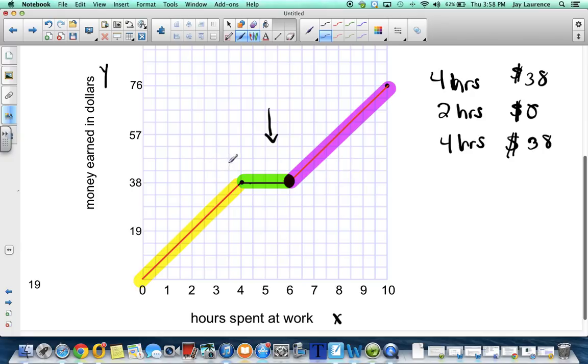Okay? So, let's see how much money they're making per hour in each section. All right, this yellow one. Now, by the way, this is very similar to distance equals rate times time.